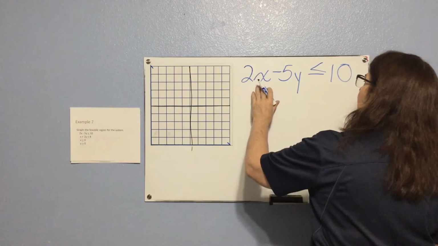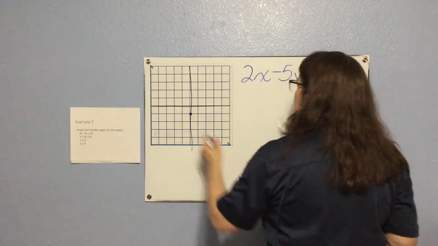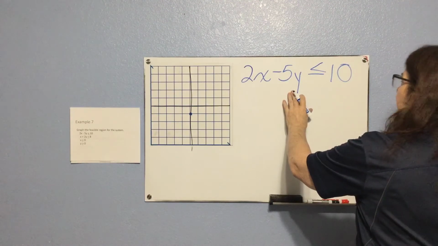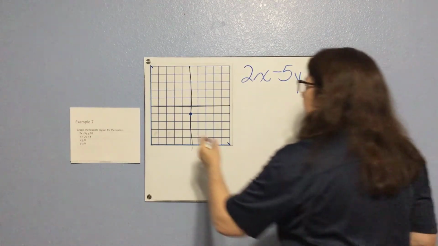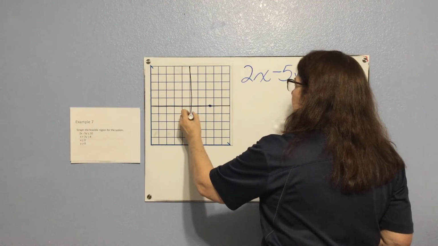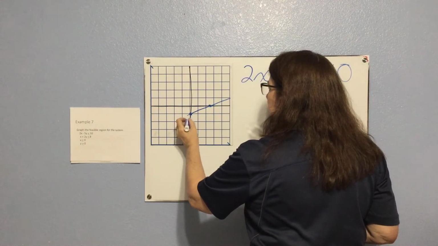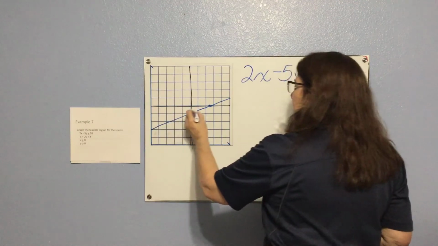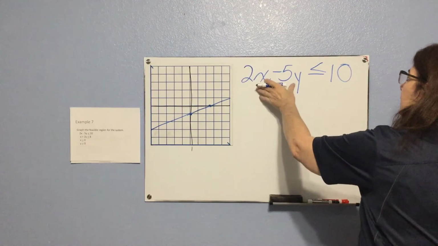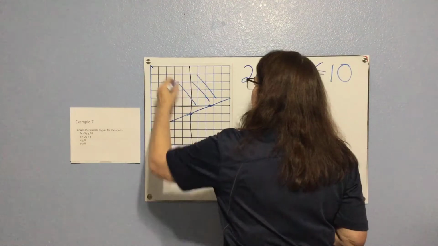So when x was 0, y was 2, and that'll be right there. Now when y is 0, x is going to be 5. So we'll put a point right here. And there's our line. If I use my test point 0, 0, 0 is less than 10, that's true. So I know I'm going to shade up this direction.